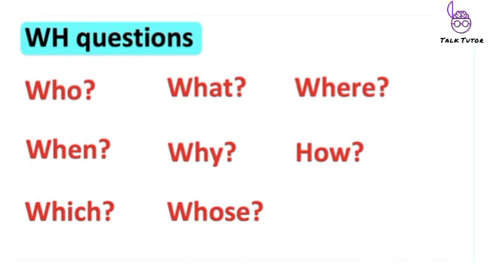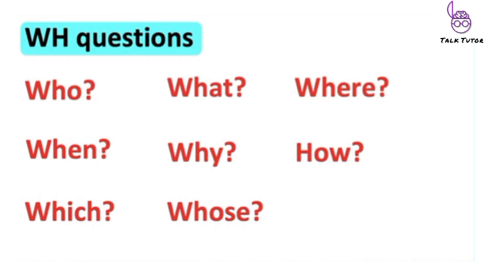Who is used when asking about a person. What is used when asking for specific information about something. Where is used when asking about a place or direction. When is used when asking about the time. Why is used when we want an explanation or a reason for something.